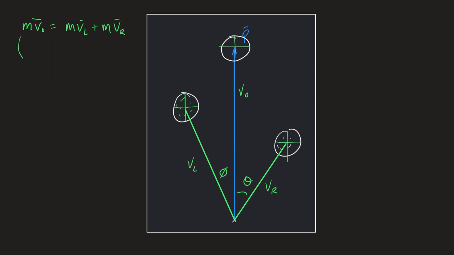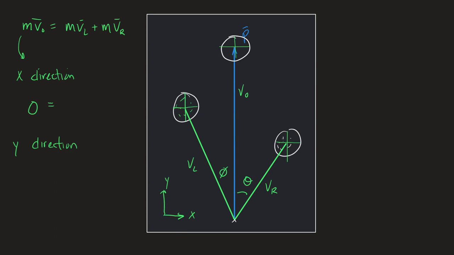You'll have to break this up into the x direction and the y direction. However, if done correctly, if this is the x direction and this is the y direction, then the momentum before the collision in the x direction should be 0.